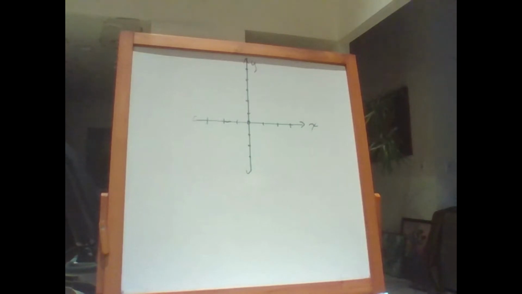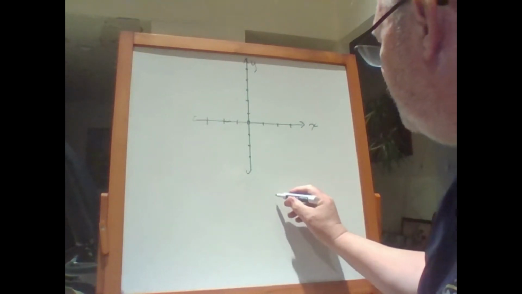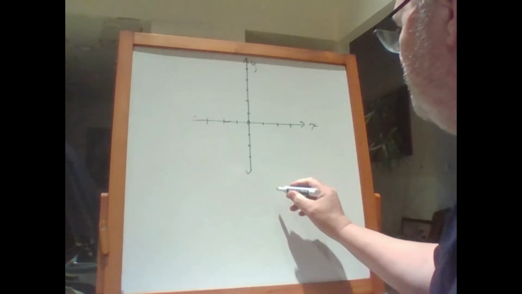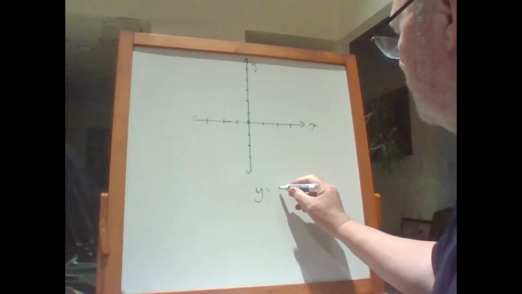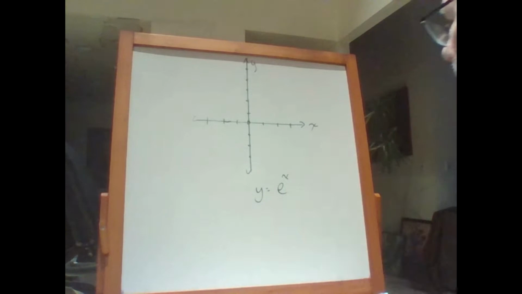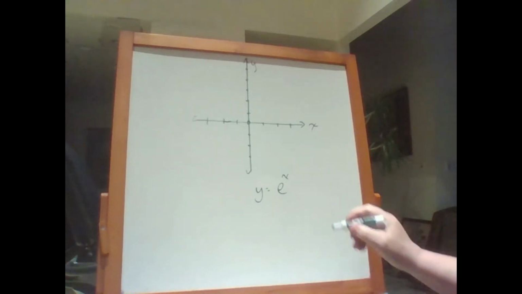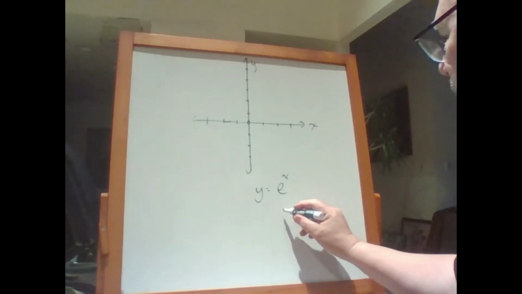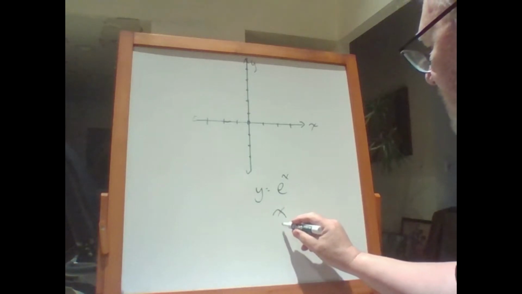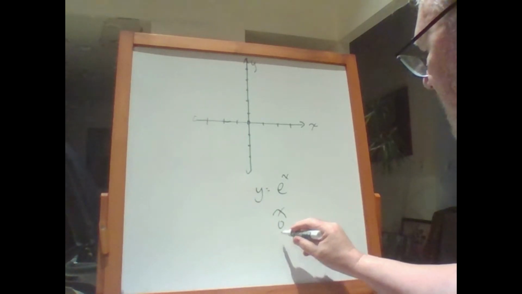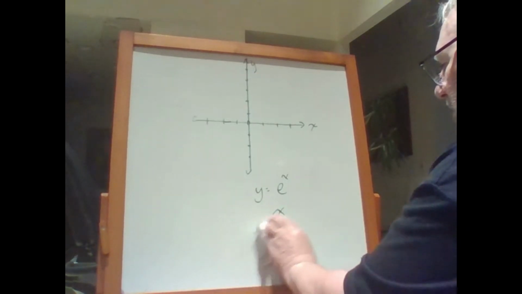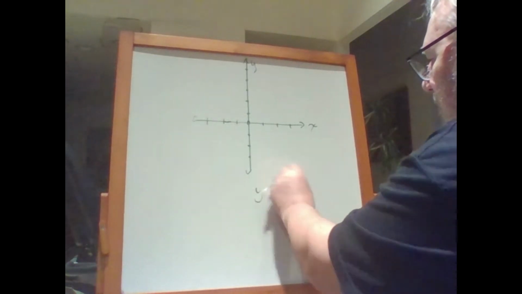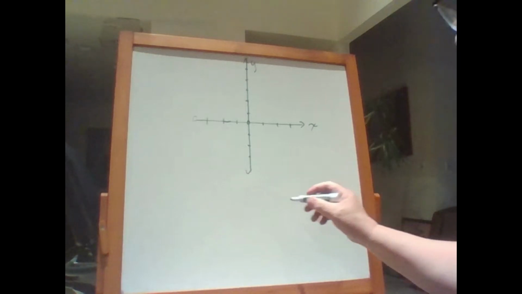Now, let's say we have the function y equals e to the x. So when x is 0, oh, let's do negative 1. Hey, you know what we're going to do? We're going to go 2 to the x. All right.